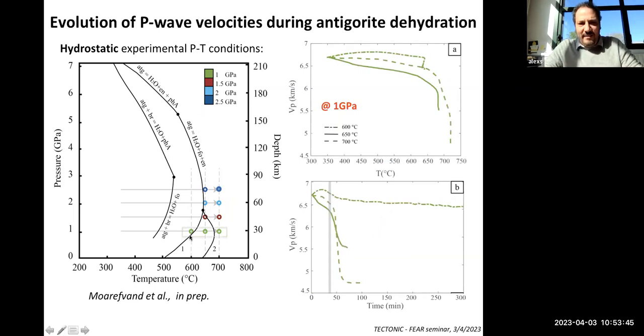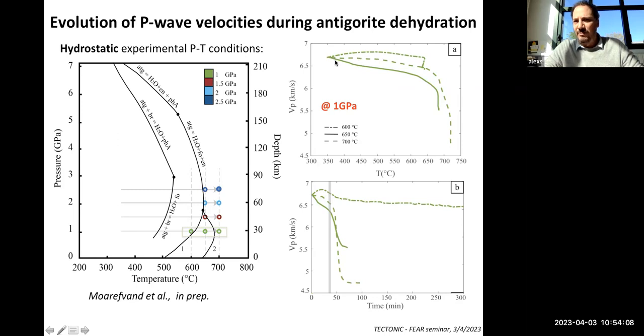So if we measure the wave speed, we see here the evolution of P wave velocity as a function of temperature for those 3 points. What you see is that if we go just at the limit of the transformation, the P wave velocity starts to decrease. Then if we go a little higher at 650 degrees, we have more decrease.